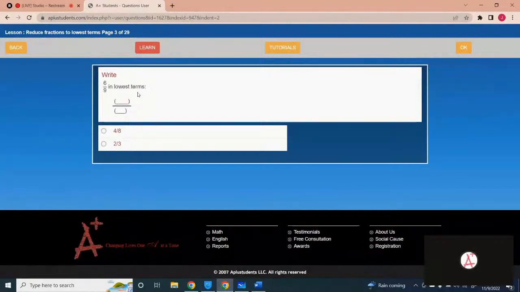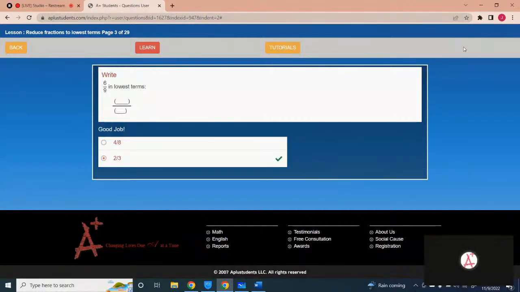It is... yes, it is 2 over 3. Very good. So the correct option is 2 over 3. Just select the correct option and click on the OK button.